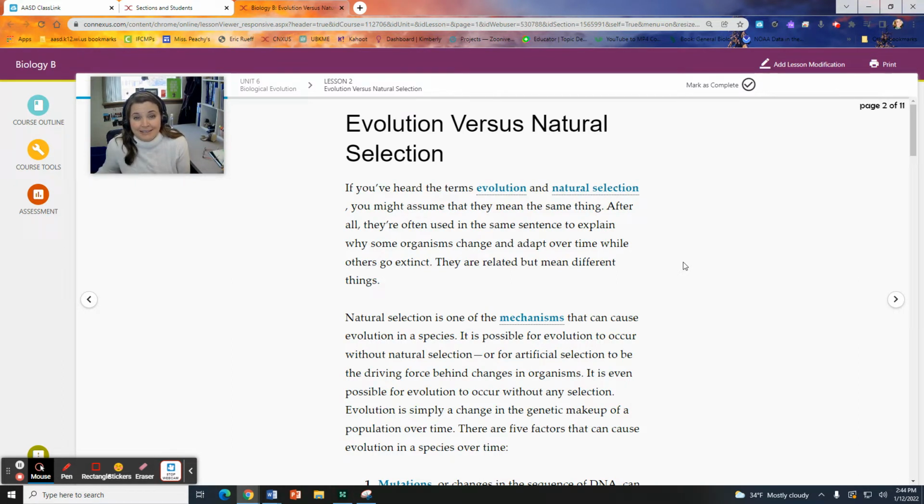Evolution happens. That's true. Now, natural selection is a mechanism. It tells us how evolution happens. Throughout history, we've seen multiple different hypotheses for different mechanisms. Like, how does this happen?